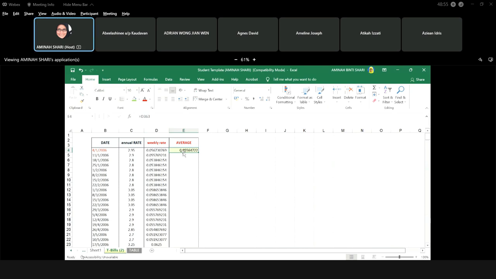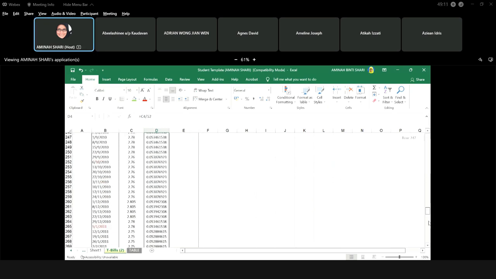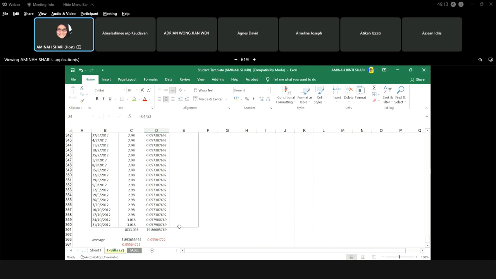Risk free treasury bill dekat Malaysia ni ada guna annual rate, okay? Tapi I convert to weekly rate since I punya data based on the weekly data. So I convert to weekly data and I calculate the average. You follow lah dekat I punya formula ni macam mana nak calculate average.